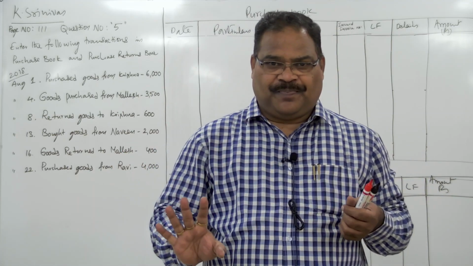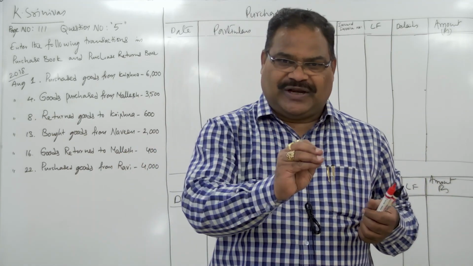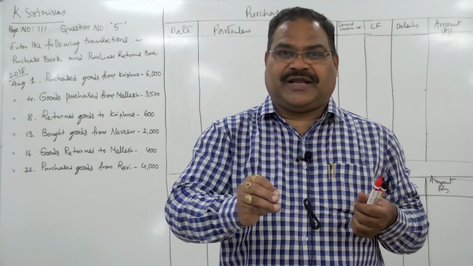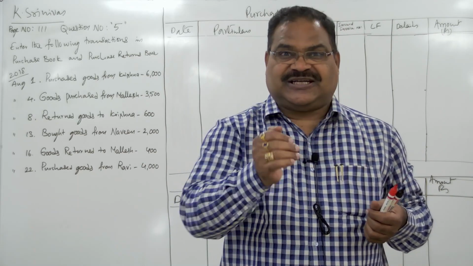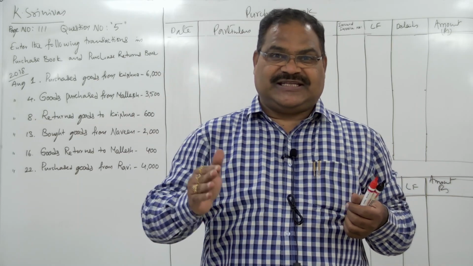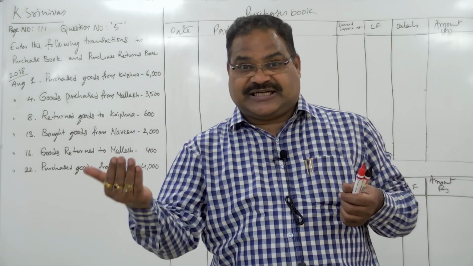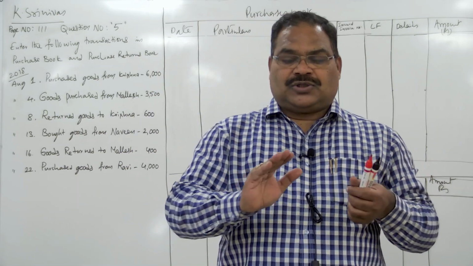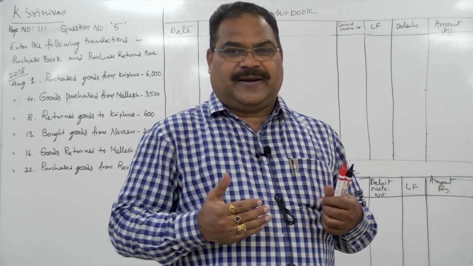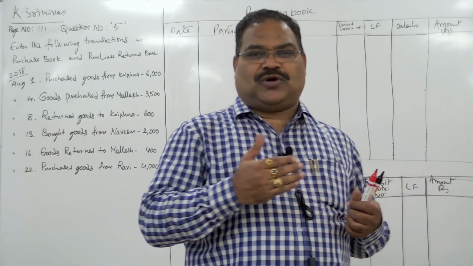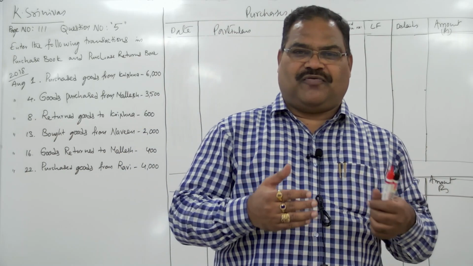In general, they will give you only one book, the purchase book. Sometimes they will give you purchase book and purchase returns. Sometimes only sales, sometimes sales book and sales returns, like that. So anyway, I am explaining here both purchase book and purchase returns.